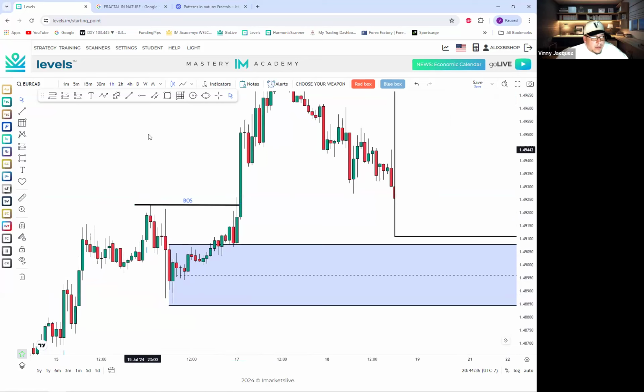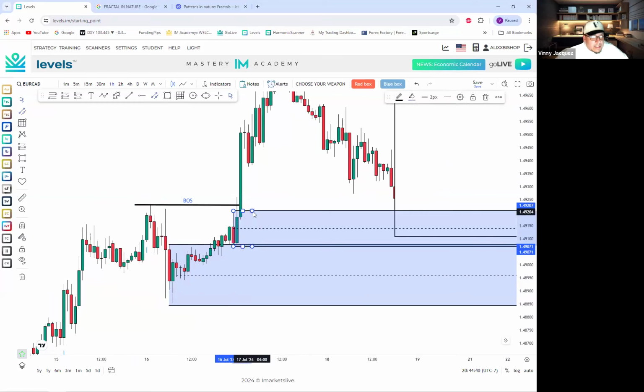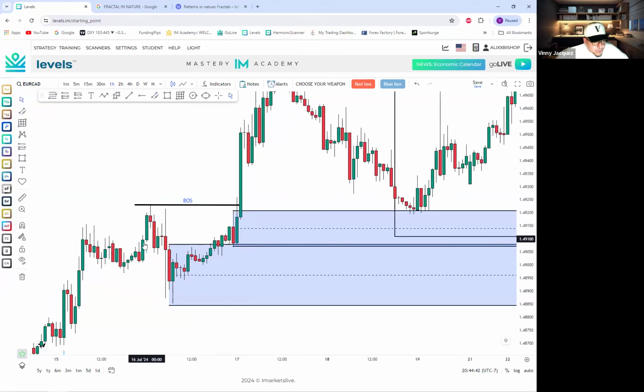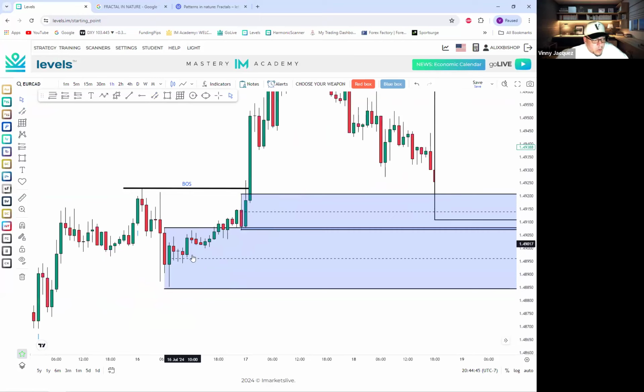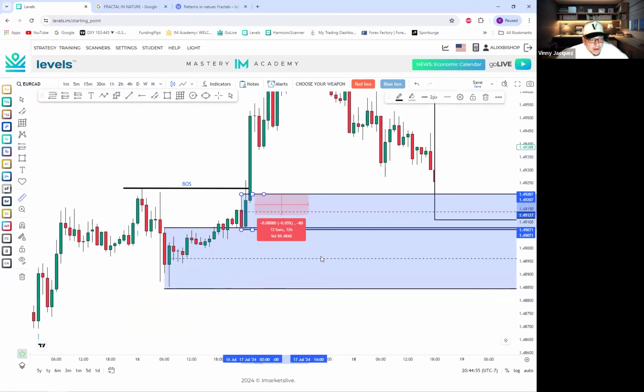This starting point here. So I can go ahead and mark this up and see if we get a reaction there. But look at this, guys. We can see from here down to here, this is buy territory, from the 1-hour time frame to the 4-hour time frame. This whole area from here down to here is buyer's territory, right?